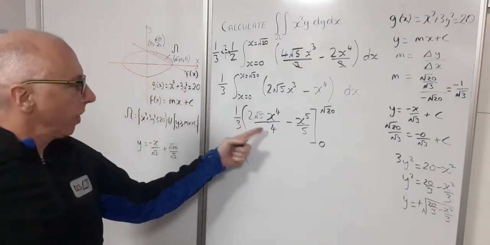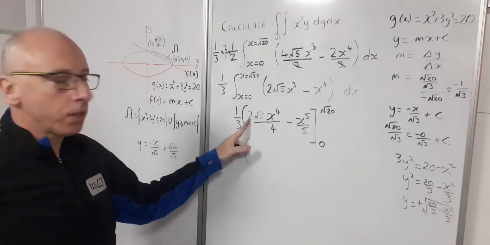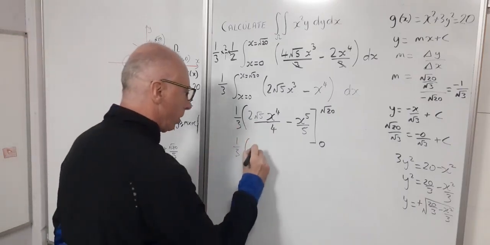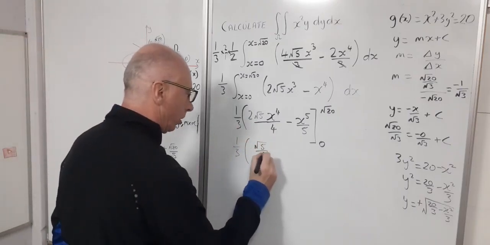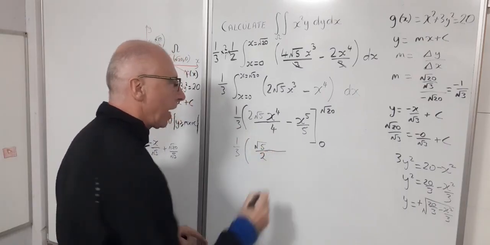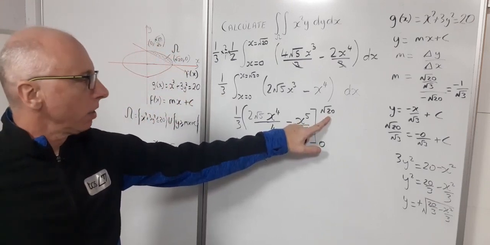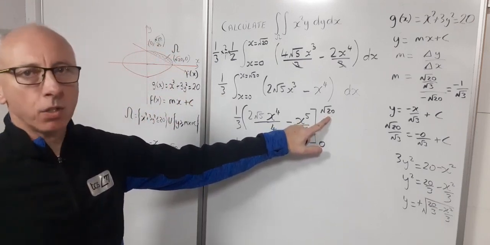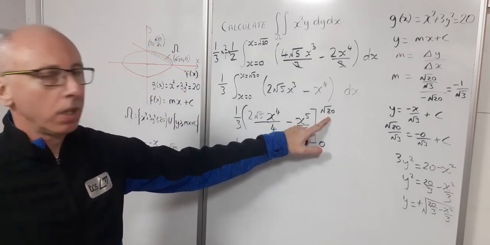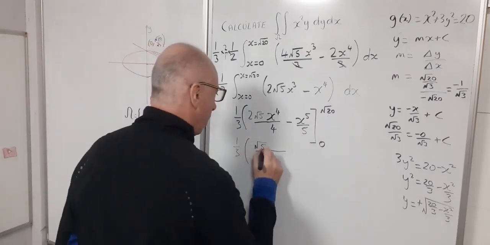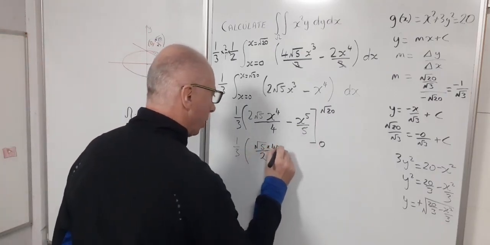So actually I can divide these, so I can just now have root 5 over 2. And what's my x to the power of 4? Well, if x is root 20, square that, I'll get 20. Square again to get x to the 4, I'll get 400. So I've got root 5 times 400.